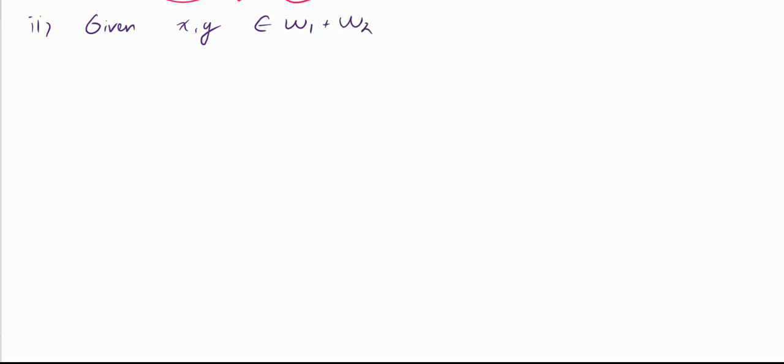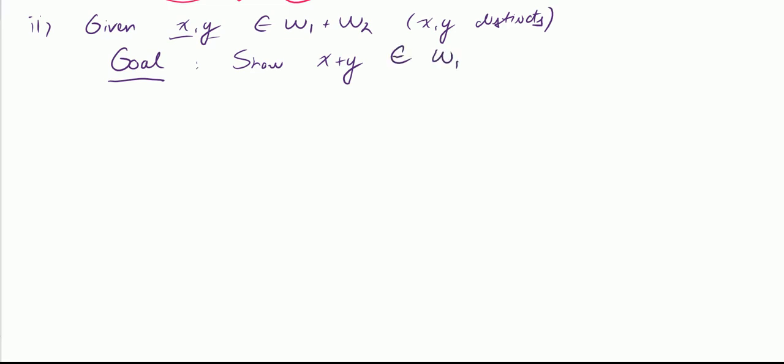Okay, my goal here is to show that x plus y, so the addition of the element x plus y, where x and y are distinct, so they're not the same vector, because if they're the same vector, that doesn't make any sense. So we want to show that the addition of x plus y belongs to W1 plus W2.